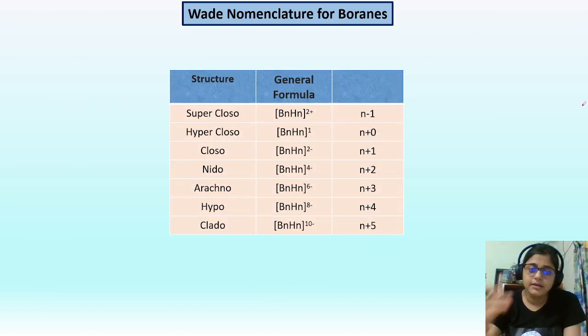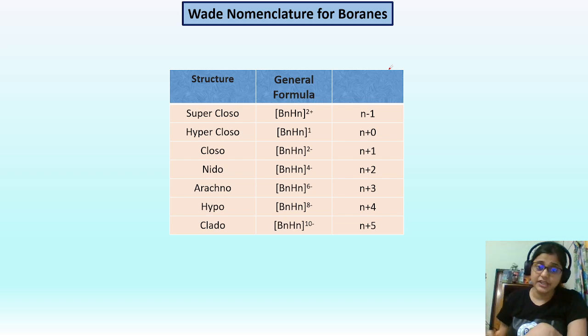Now the simple trick I will tell you. You don't have to calculate the TEC and PEC for each case. There is a trick. If you can remember it, then that will be easy for you.